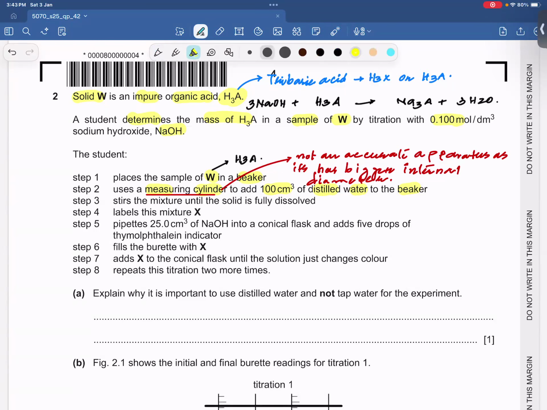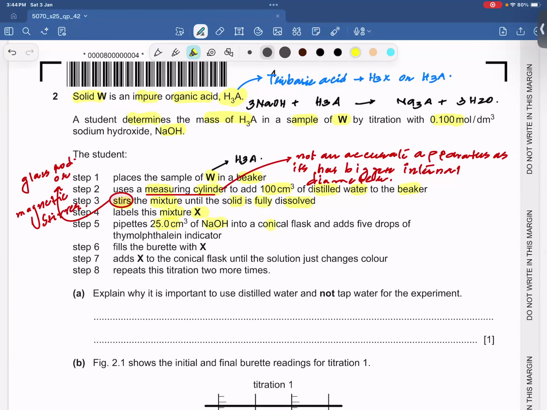Stir the mixture until the solid is fully dissolved. And that's the purpose of stirring the mixture. But in order to stir, either we use a magnet or a glass rod, or a magnetic stirrer. Then label the mixture X, okay.